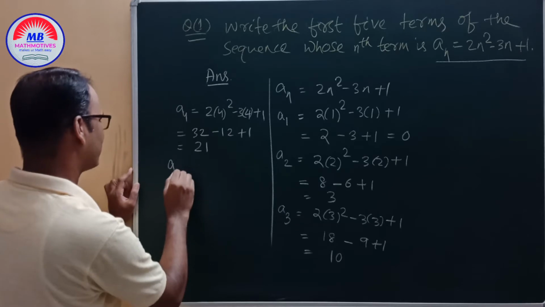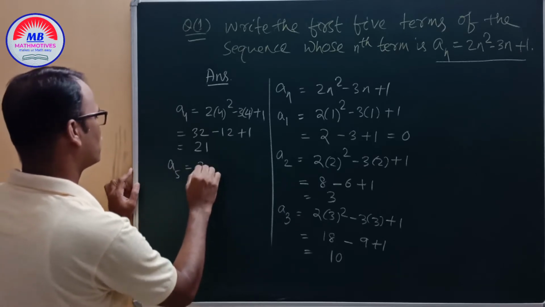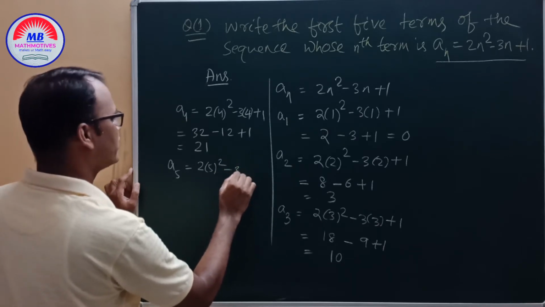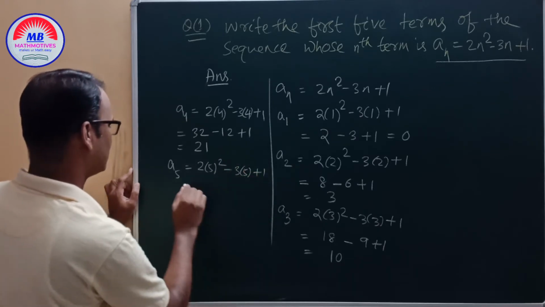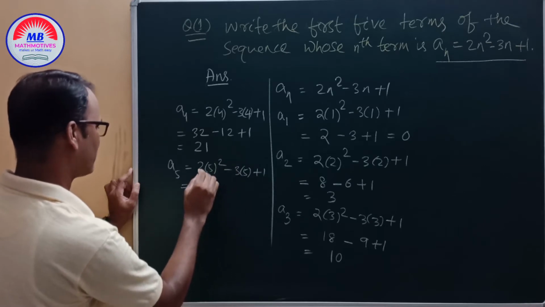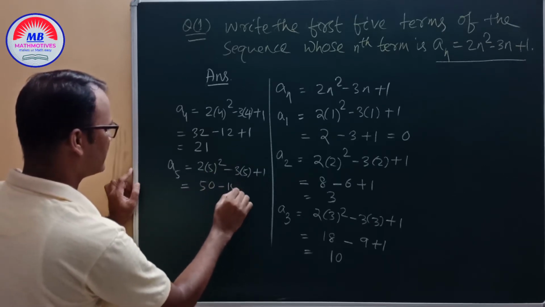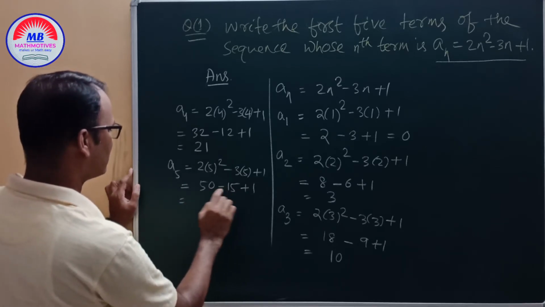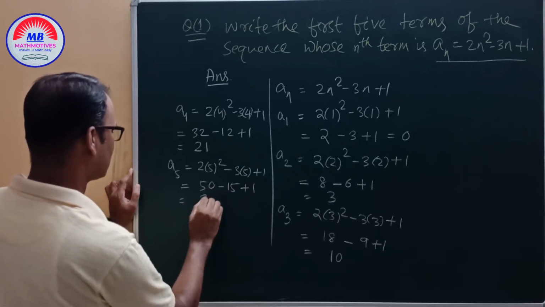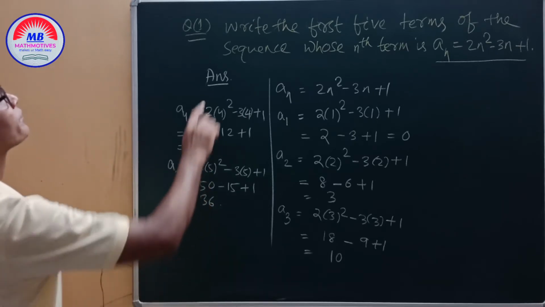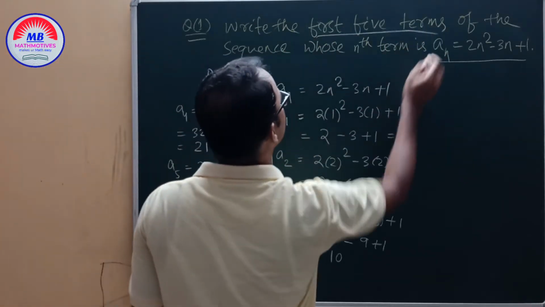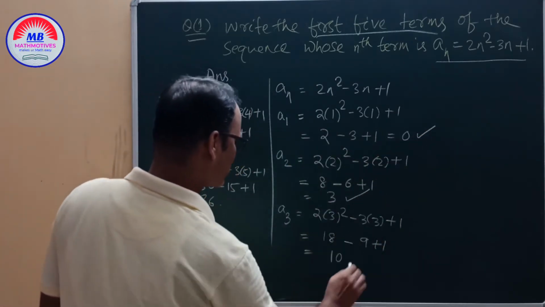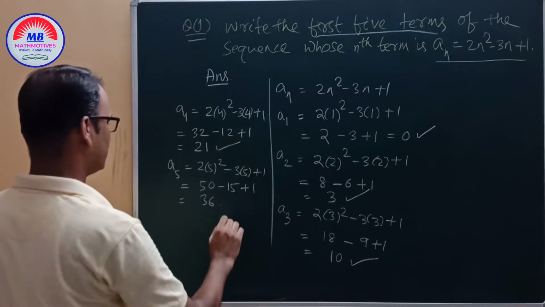Then a5 equal to 2 into 5 square minus 3 into 5 plus 1, that is equal to 50 minus 15 plus 1, 35 plus 1, 36. So these are the first 5 terms: first, second, third, fourth and fifth.